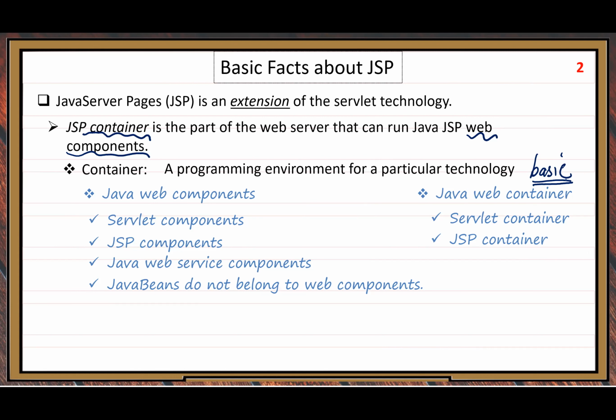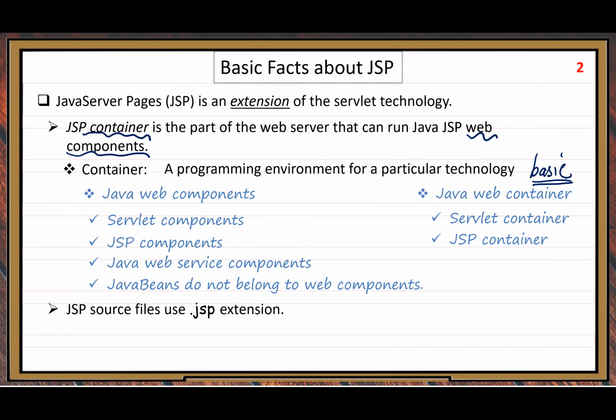When you add a new technology, you add a new container. That technology needs a running environment. Spring container, Struts container: so many different technologies, when you plug them into the platform, need their own containers to manage all the programming requirements. So that's the container concept.